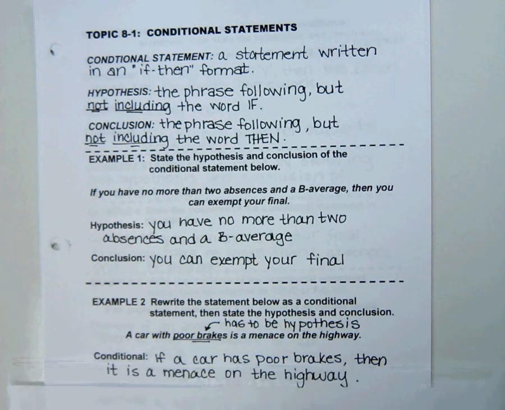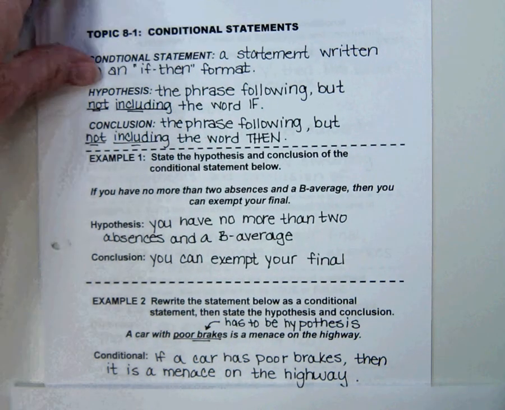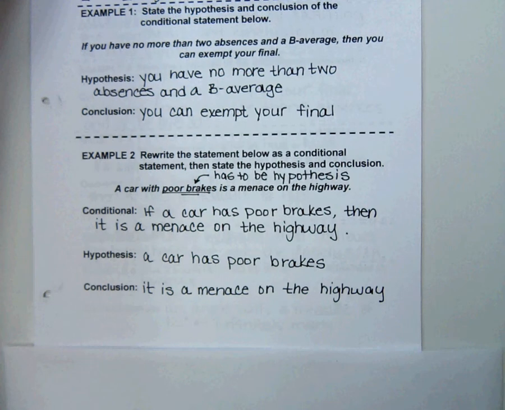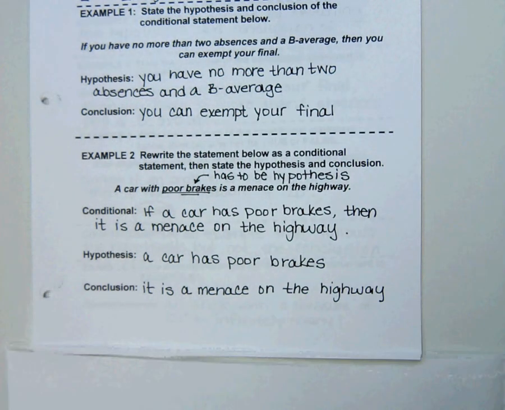So here's the conditional statement. If a car has poor brakes, then it is a menace on the highway. See how you create it in an if-then statement. Let me move this up. So your hypothesis is a car has poor brakes, and your conclusion is it is a menace on the highway.